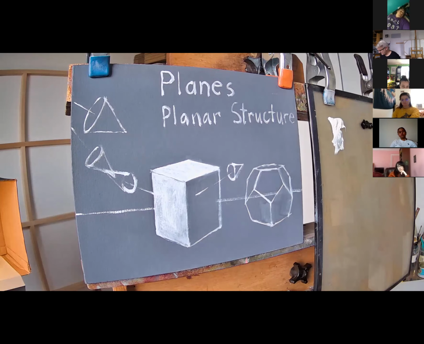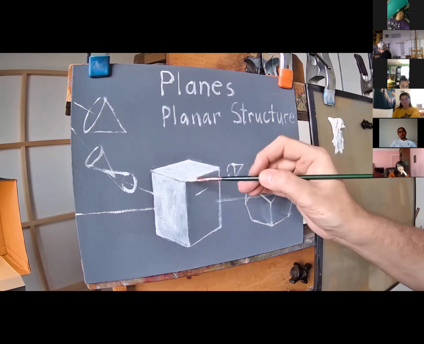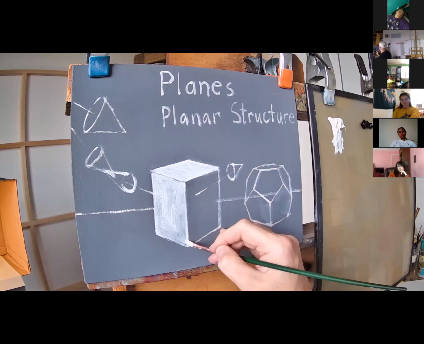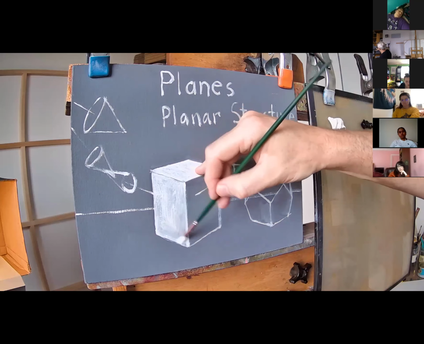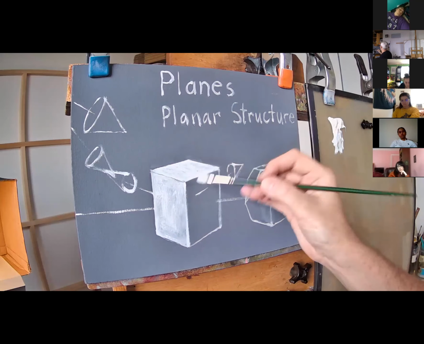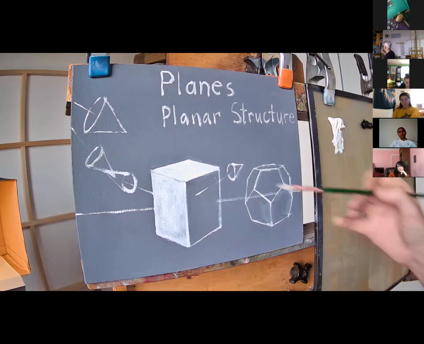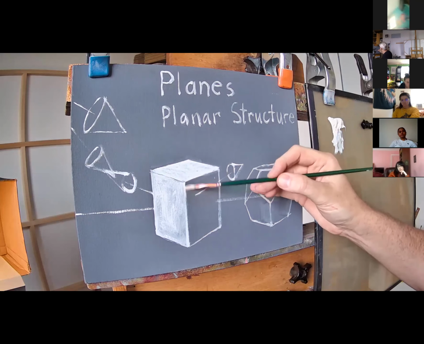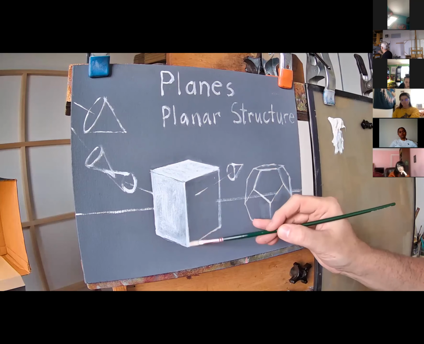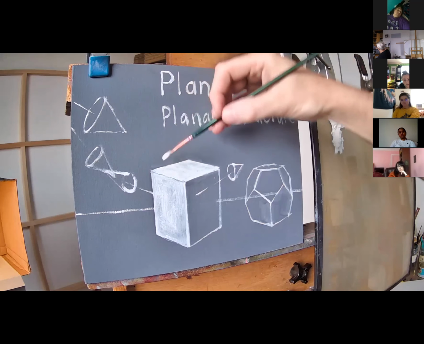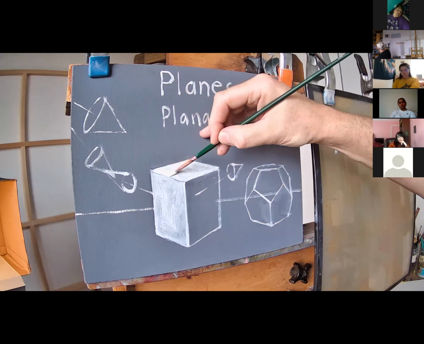Now, I'm guessing, so I'm doing this out of my head, but I think that given the direction and the location of the light source, the top plane will be slightly more strongly illuminated.